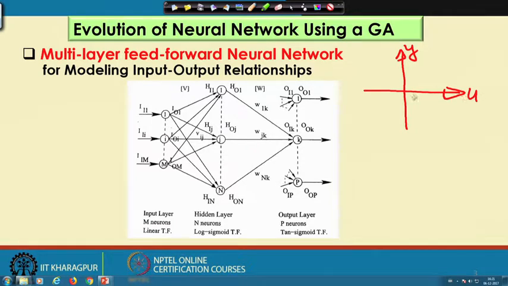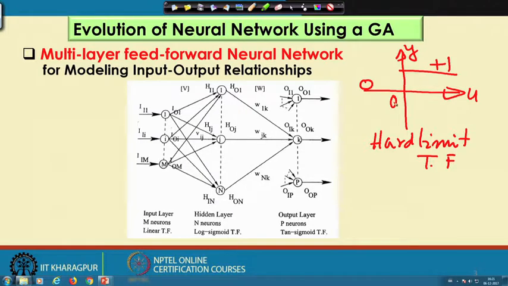The hard limit transfer function is such that if the input u is greater than or equal to 0, then the output will be 1, and if it is less than 0, the output will be 0. So, there are two outputs, either 1 or 0.